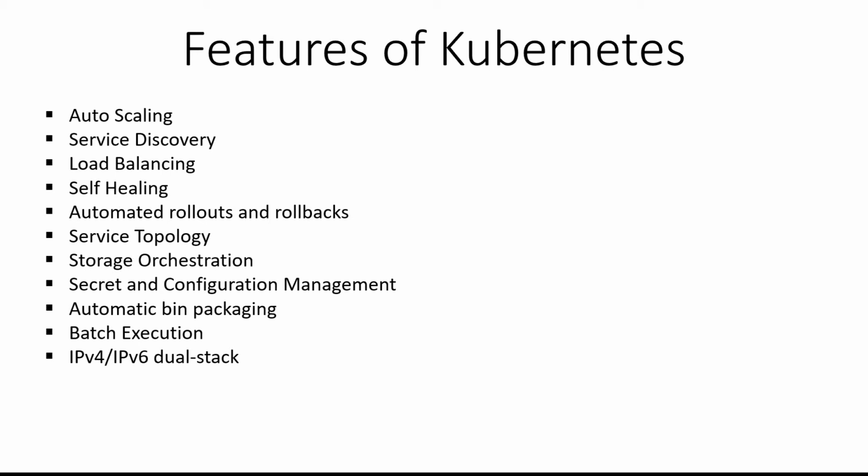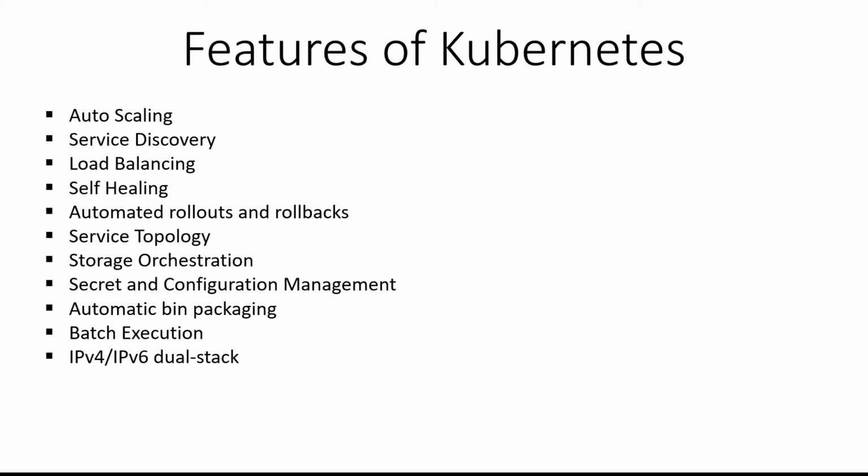This is primarily useful when you have such a big load, like thousands of microservices to be deployed. Then you can execute in the form of batches, so it is handled very effectively. Also, all deployments need not be web applications.